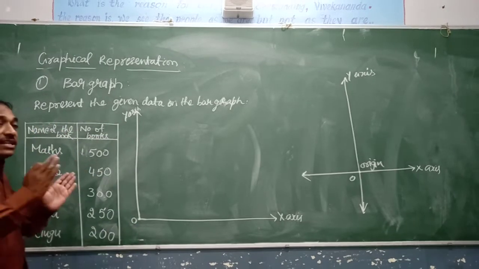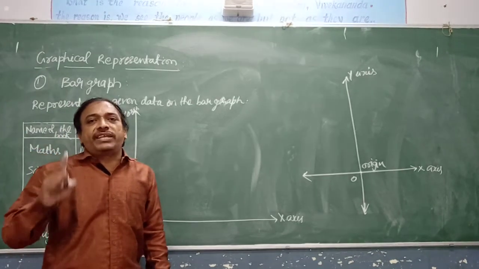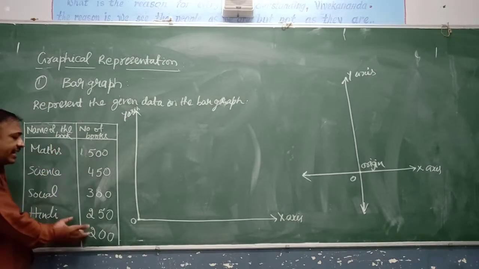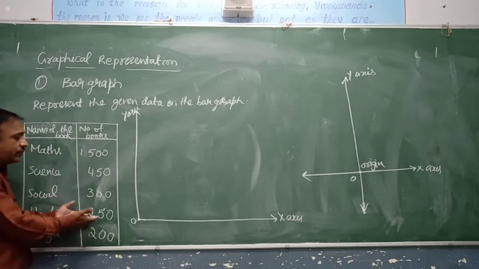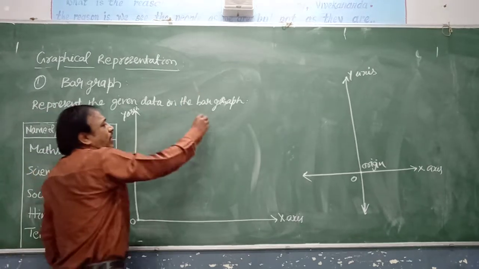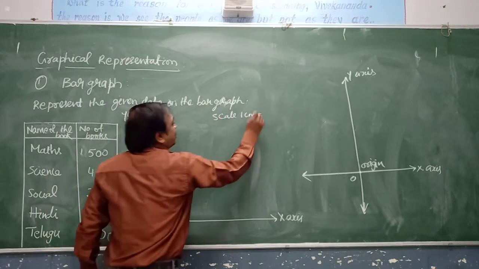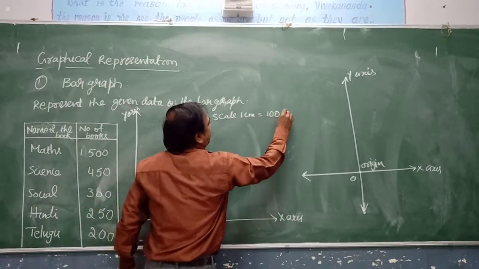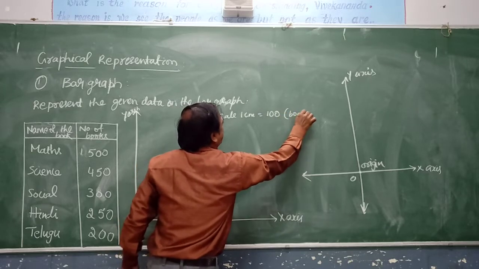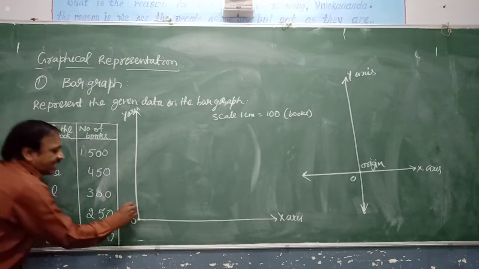Now between the bars there must be uniform width, and here choosing the scale is very important. So we have multiples of 100 or 50: 100, 250, 200, 250, 300, 450, 500. So 1 centimeter is equal to 100 units, which are nothing but 100 books. We are taking it as 100 books. So 0, the first line I am taking as this one.